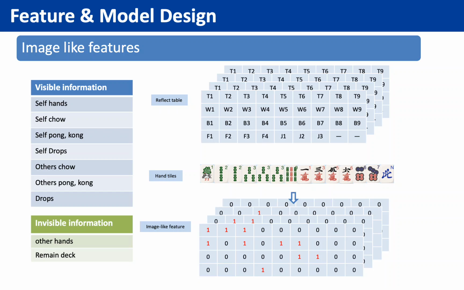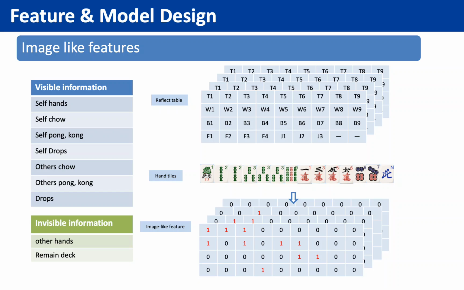In order to use the advantage of CNN, we encode most of the relevant information into image-like features, which include the player's hand, the player's chow, pung, and kong, the player's concealed kong, the player's discard, the other players' chow, pung, and kong, and concealed kong, and the others' discards. Because the others' concealed kong is invisible, we use a fake card to replace it. The above information is all visible information.